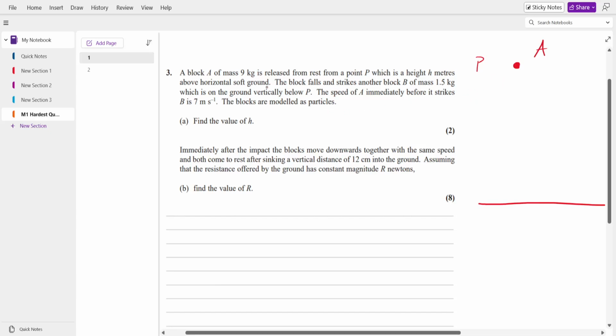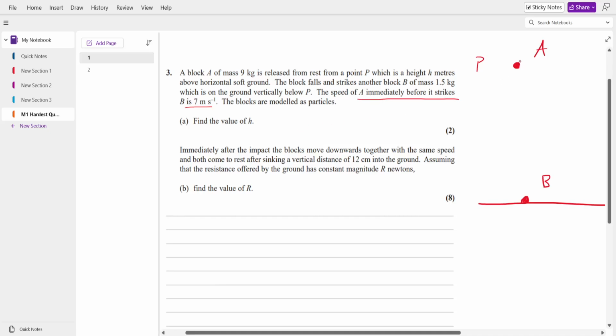It says the block falls and strikes another block B of mass 1.5 kilograms, which is on the ground vertically below P. So there is another block, B, directly below the first block. It gave me that the speed of A immediately before it strikes B is 7 meters per second.